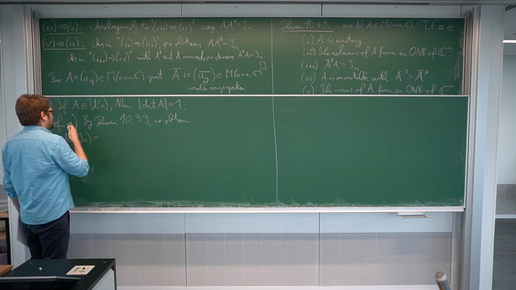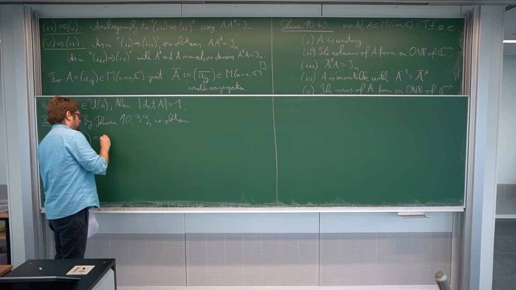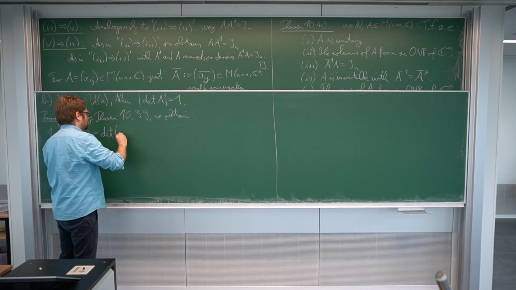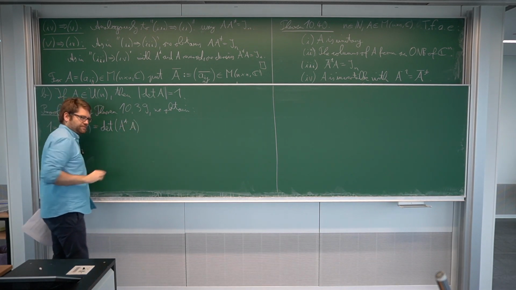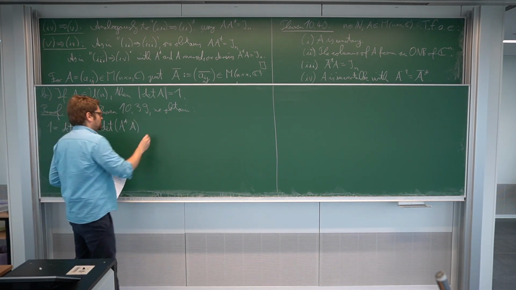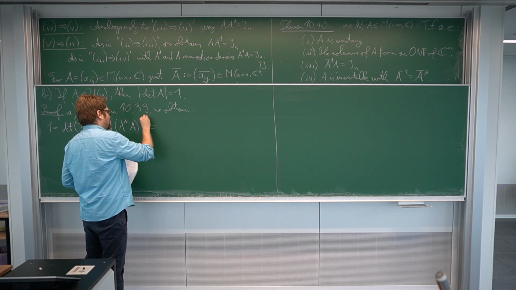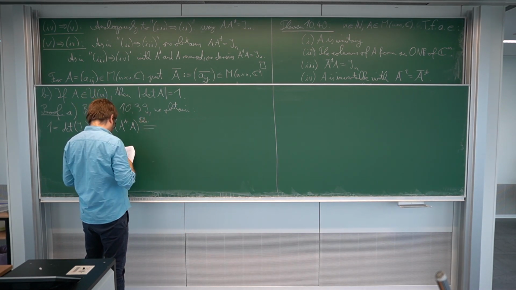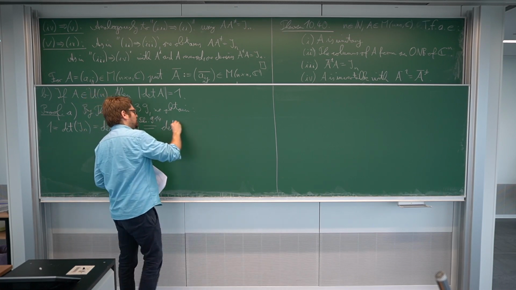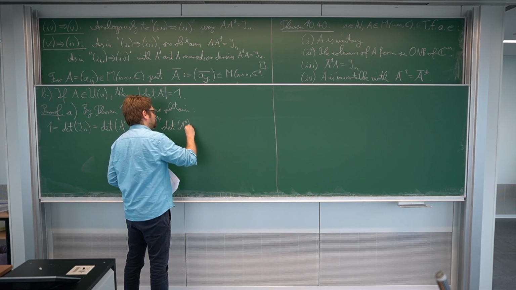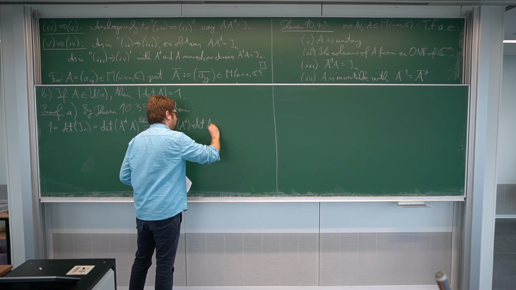But we've seen that this is an orthogonal matrix, so by this theorem, the identity is just A transpose times A. Now, by the theorem about determinants and products, theorem 914, this is the same as the determinant of A transpose times the determinant of A.